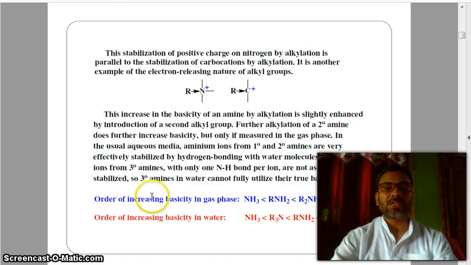Now just think about the order of increasing basicity in water. So this is the order of basicity in water, and this is in the gas phase. So what is the difference between gas phase and water? You look at here, the position of R3N is changed from this position to this position, and this is the difference between basicity in the gas phase and in water and in solvents.